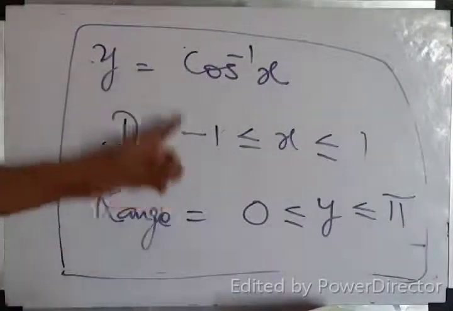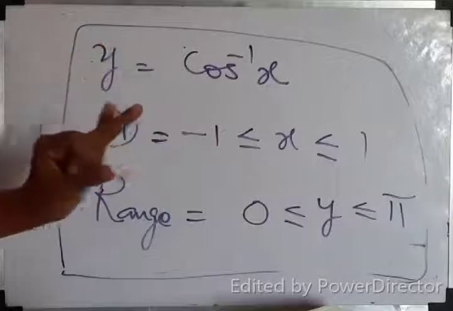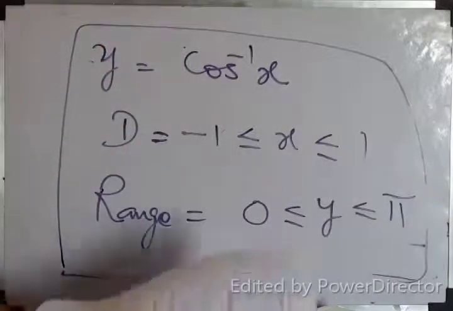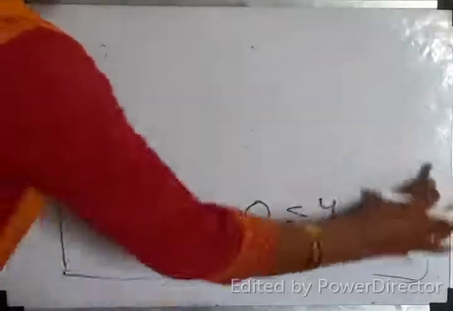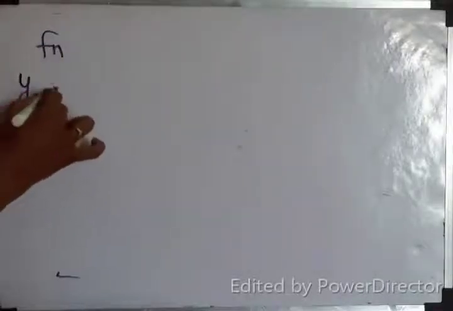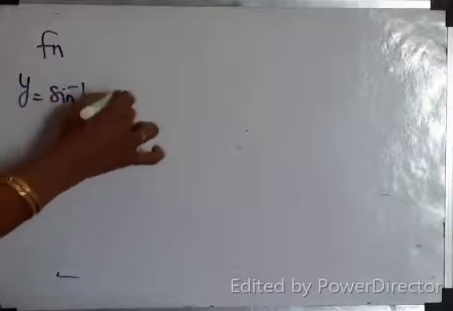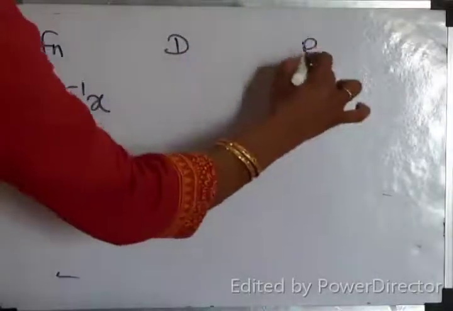So you have to remember only sin inverse x, cos inverse x and tan inverse x. I repeat by writing in a tabular column only these three. You write function y equal to sin inverse x, then domain, then range.